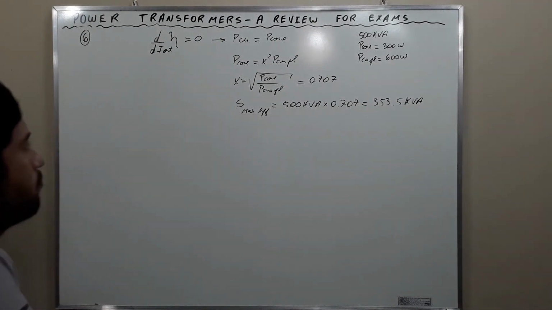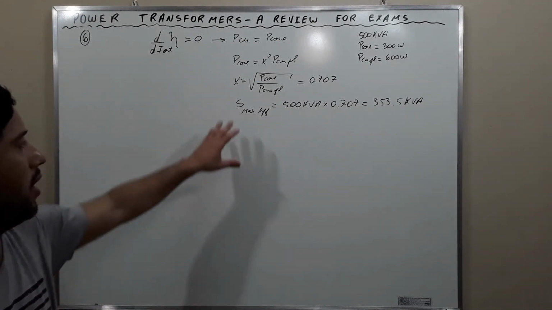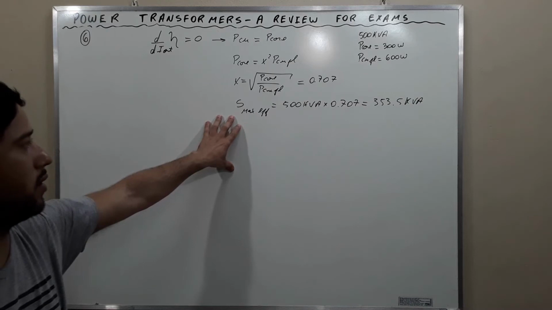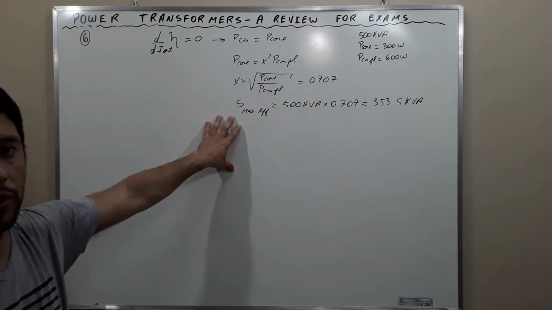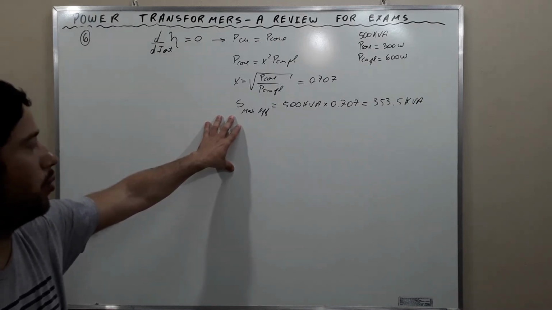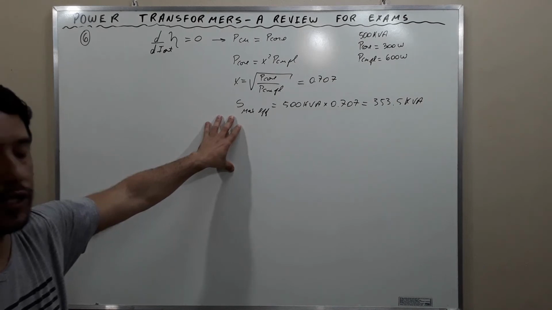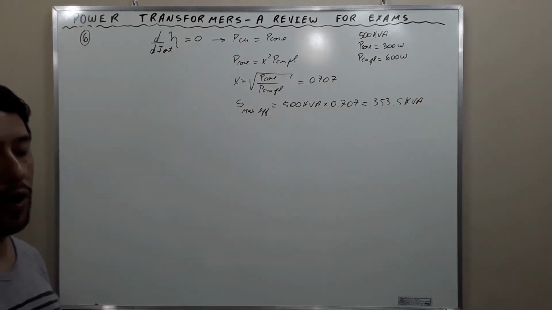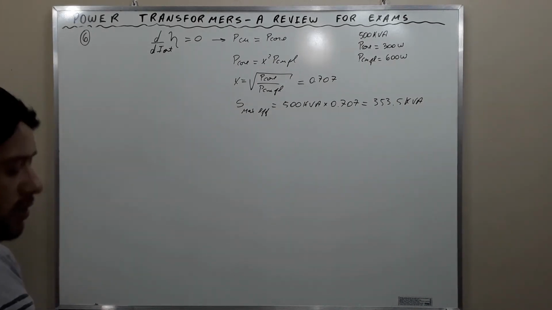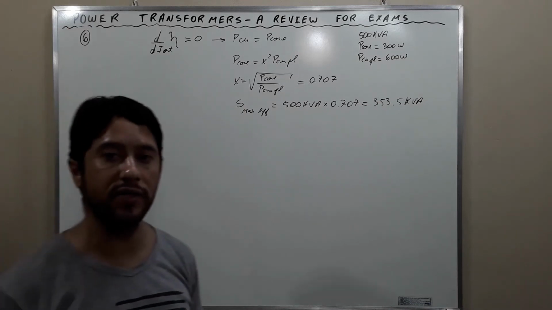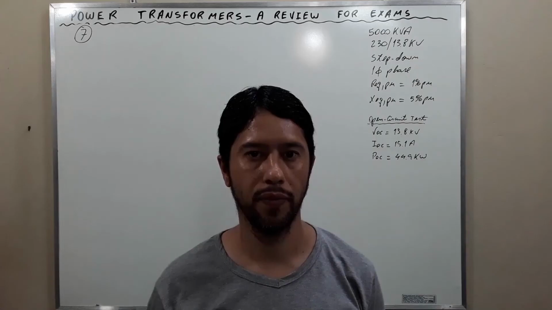Okay, my friends, this is the level of load that, if connected to the output terminals of the transformer, will enable maximum efficiency of this machine. Alright, my friends, this is all for exercise 6. Let's go to exercise 7 now.